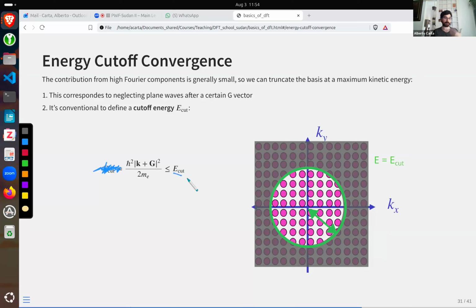Traditionally it gets identified with the energy associated with that vector, and so this is why we call this the choice of the basis set. We call it the choice of the cutoff energy, the plane wave cutoff.